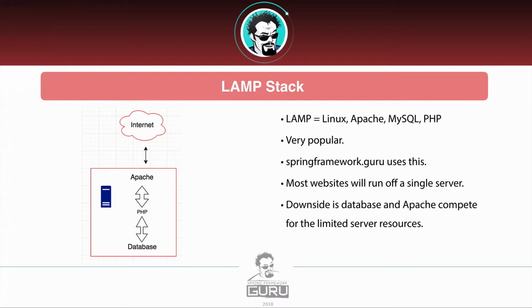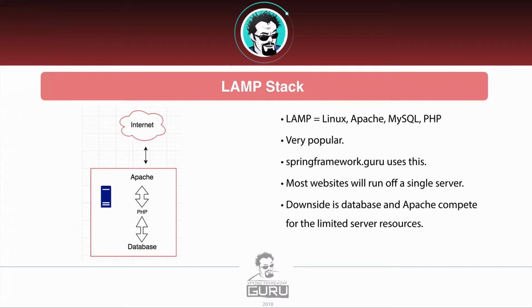Springframework.guru, that is a WordPress site. It is running on an Amazon image, an EC2 instance, so a virtual machine up on Amazon. It is running Linux and the LAMP stack, and the database is right on that machine. So just a single server with the database installed. Apache is on it, and it serves up web pages. And often your application, if it's just a website, is not going to outgrow this.